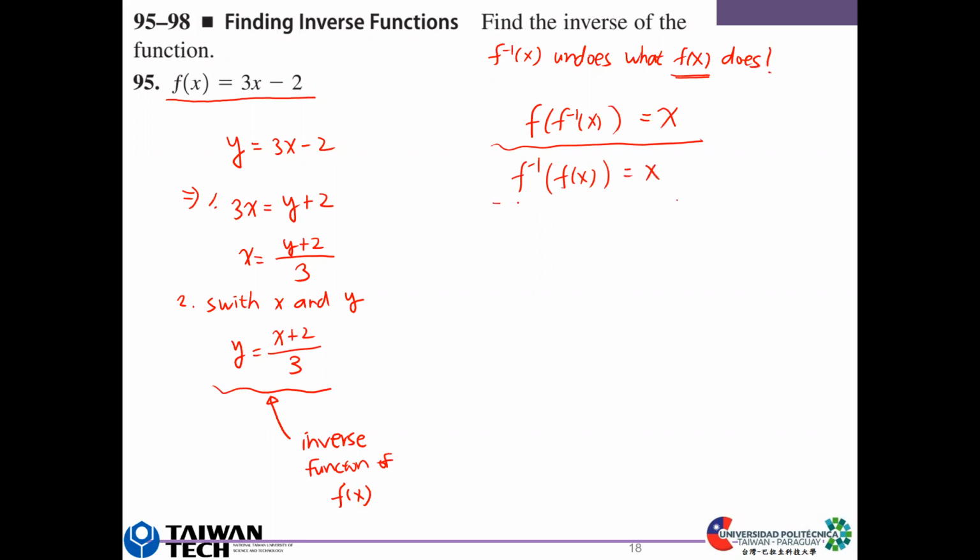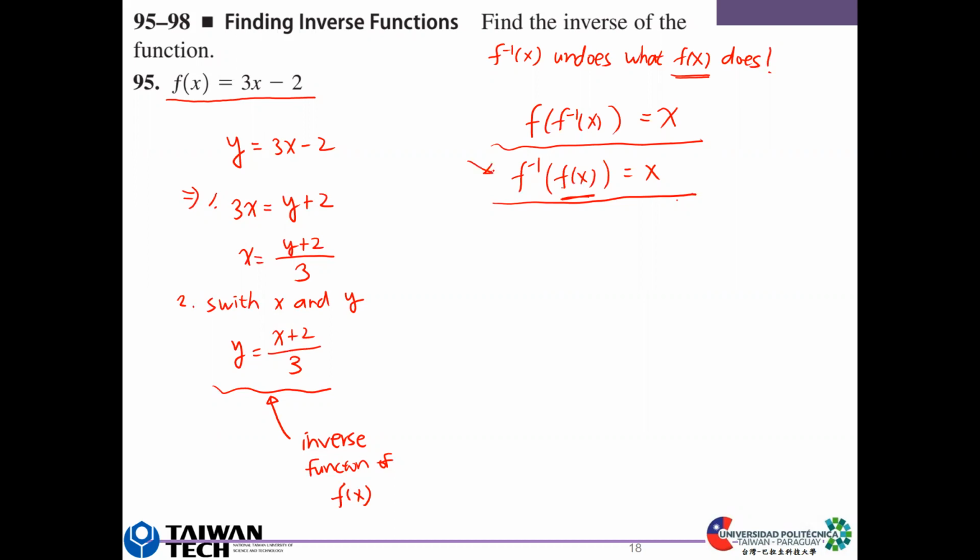So they are the inverse functions of each other, and so it undoes what f of x does. For f of x, it converts x to a value, and if you put this value into the inverse function, it generates x. It undoes what f of x does.